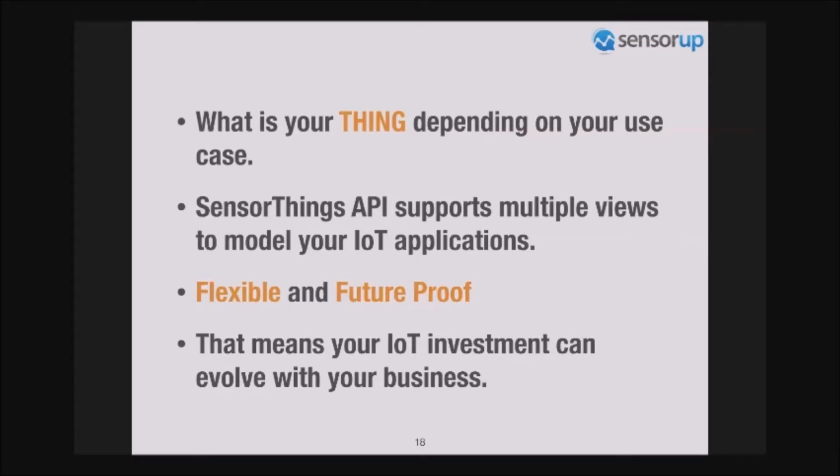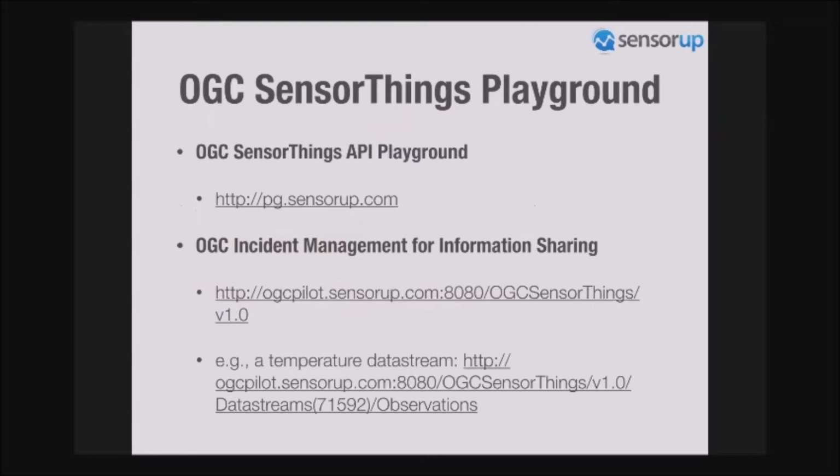Today, you have one sensor, one type. Tomorrow, let's say you grow very, very fast. You have 100 different types of sensors, including a drone, a traffic camera, a thermostat, and a Wi-Fi scale. And you still can use the same SensorThings service for your application. So this is to protect your investment of time and resources.